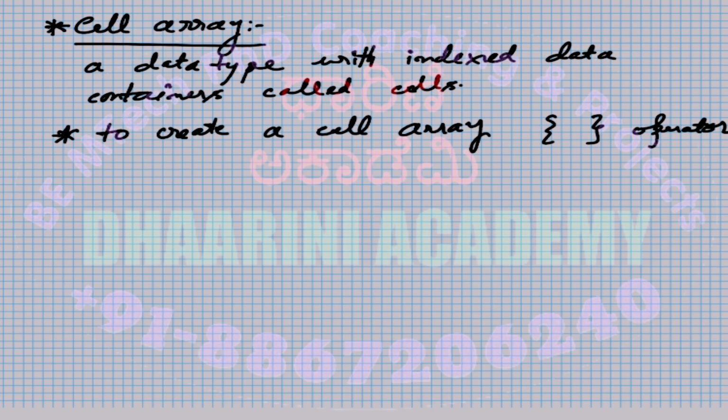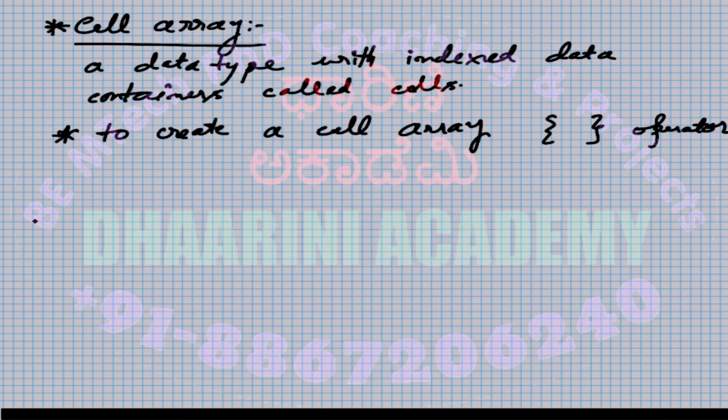You can create a cell array of any size, like multi-dimensional cells. And when you are not assigning anything, you can simply create empty cells as well. So we'll see that option now.